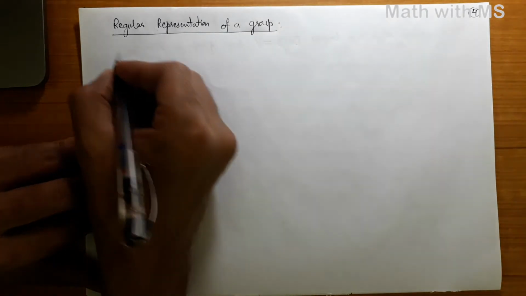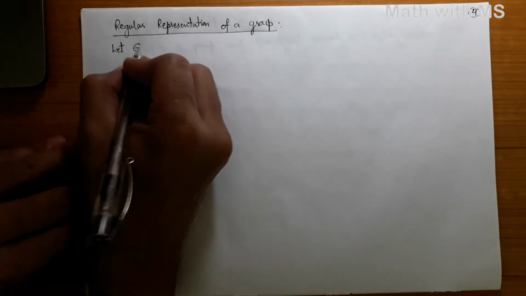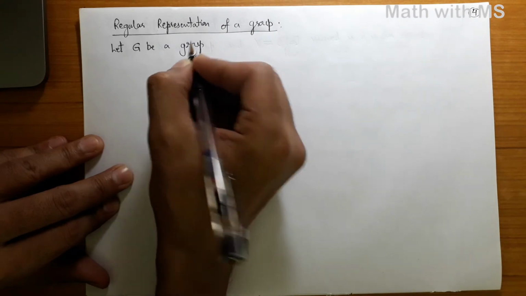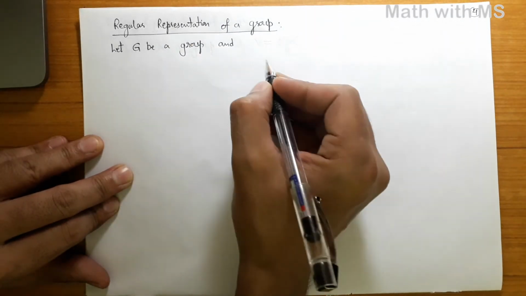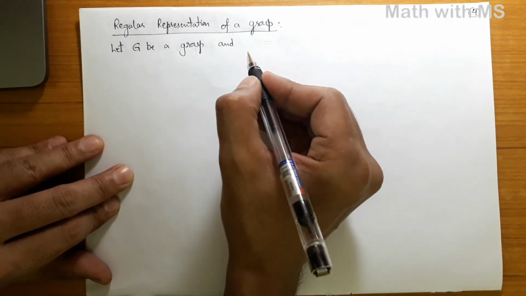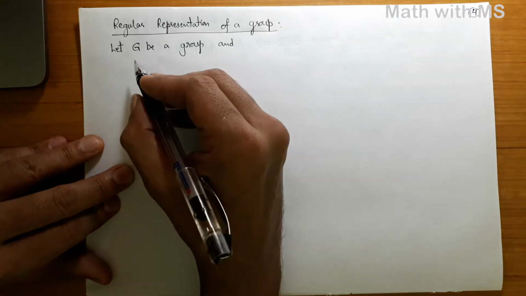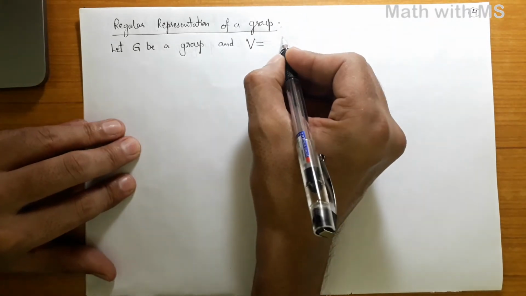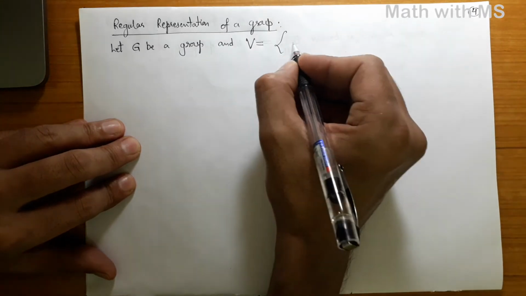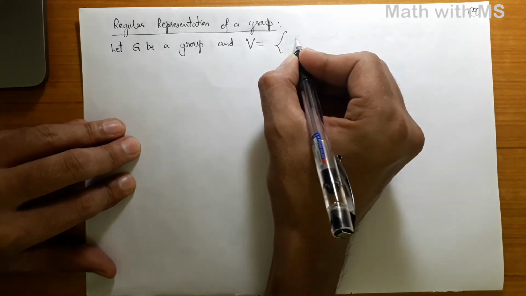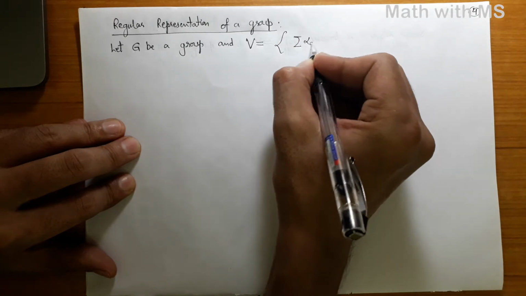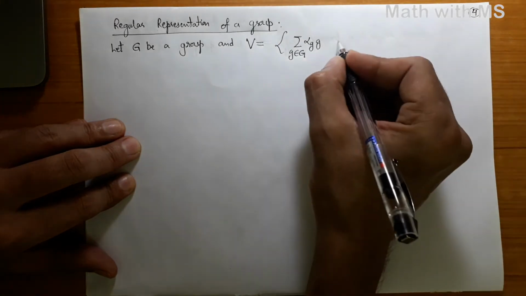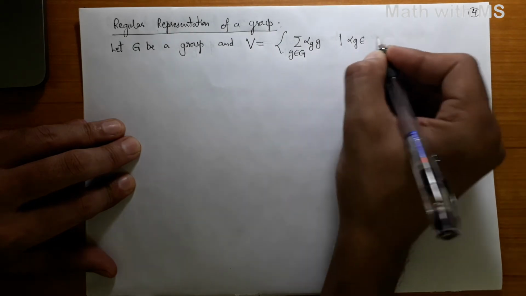The idea is very simple. Let G be a group, and V be the vector space spanned by elements of the group G. If you want to be precise about the elements, you can write V as the set of sums of α_g g, where g is a group element and α_g is a scalar.